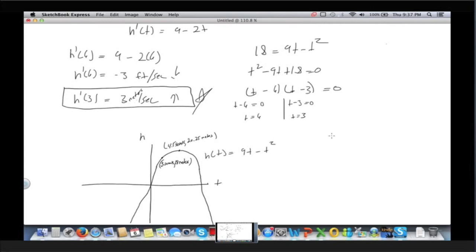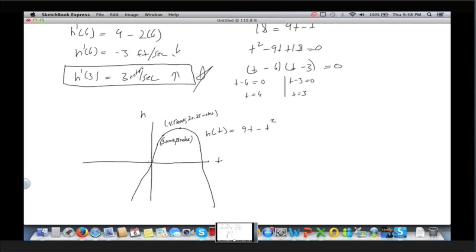remember that when we were solving this problem, the algebra gave us 2 t's, 6 and 3. Can you see why it's giving us 2 t's? Label the point that corresponds to the other t. The other t is.